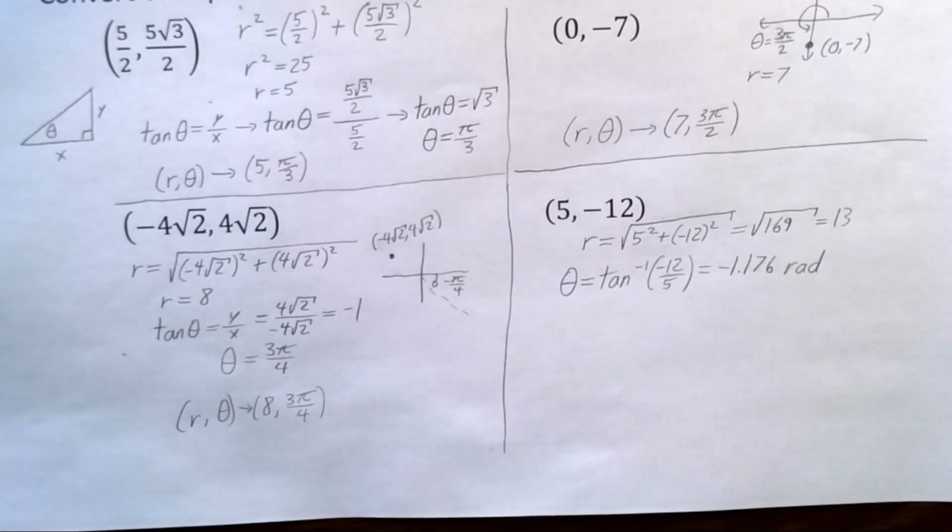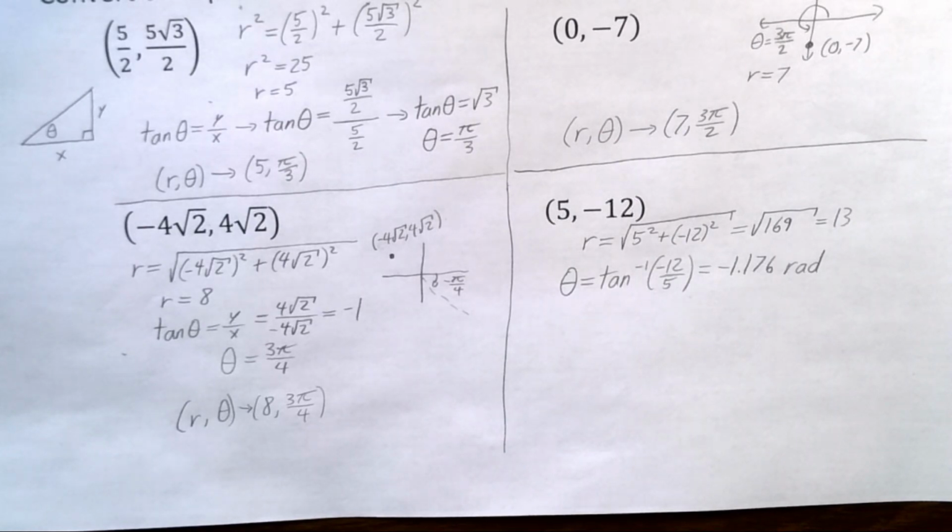Using a calculator to find tangent inverse of y over x, negative 12 over 5 gives negative 1.176 radians. It is approximate as inverse tangent of negative 12 over 5 is an irrational number, meaning a never-ending decimal. If we plot that angle on a graph, it does match up with the direction of the point 5, negative 12, as it is in the fourth quadrant.